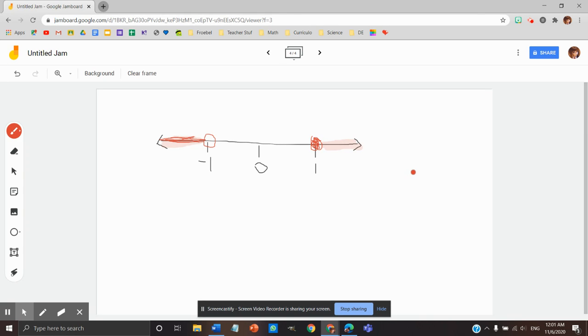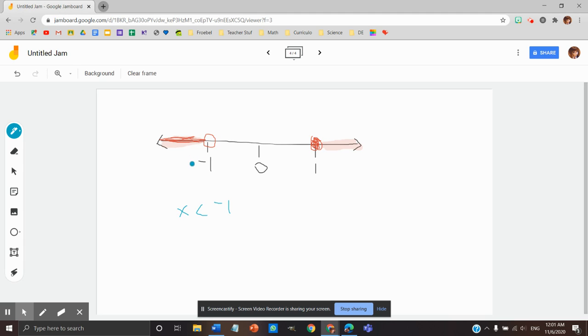Well, the first thing I can say is that x can be something or something, right? So I can say that x is every number smaller than negative 1. So x is less than negative 1. And I'm not including 1, so it's not equal to 1, because my little bubble here is empty.